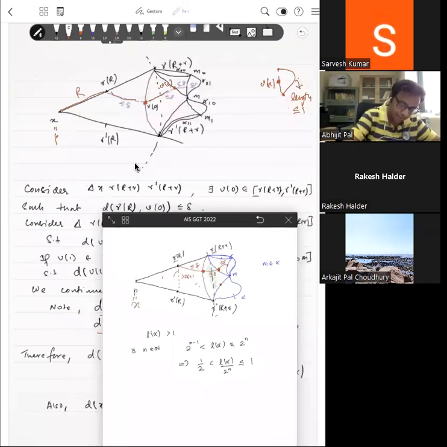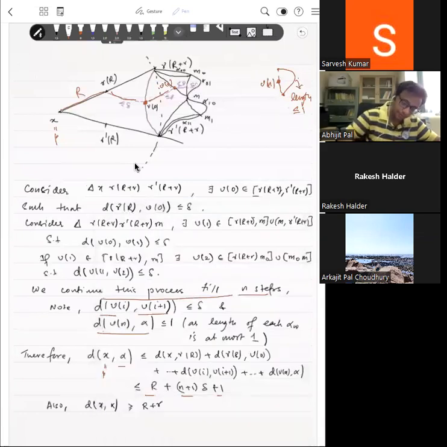So alpha lies outside this ball. Because of this, the distance of X to alpha will be greater than or equal to capital R plus small r. So that thing I have mentioned here.